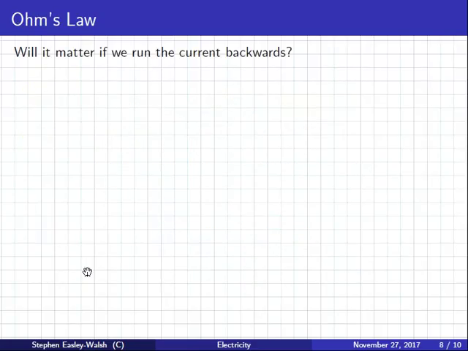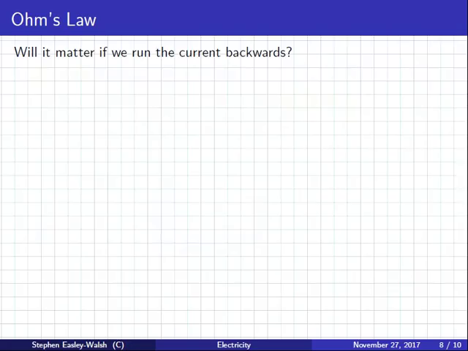So, what about if we put the current backwards? For example, let me show you my resistor again. Here's my little resistor. If I turn this resistor around, do you think that would make any difference? Well, it shouldn't.